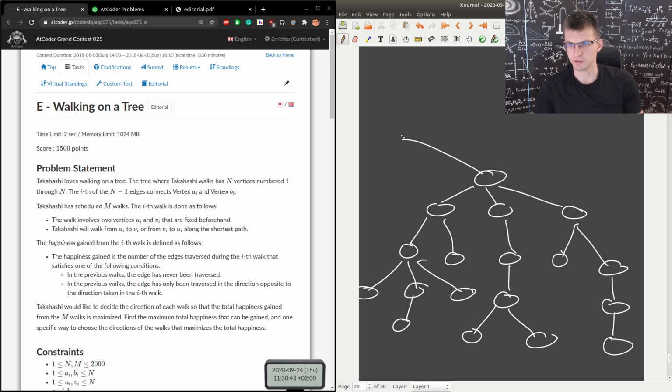We have a tree. Now, there is some path. Can't I even more increase the font? Don't see how.